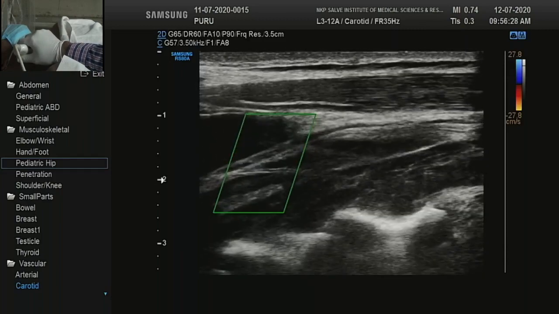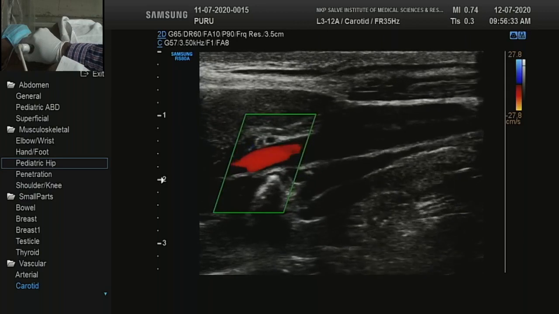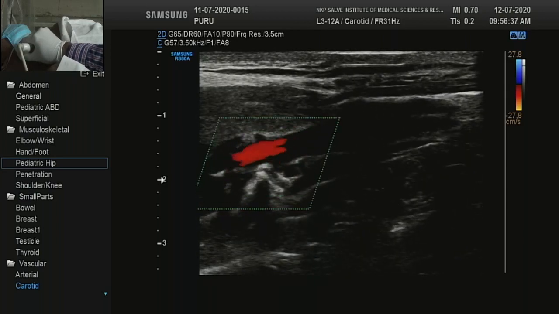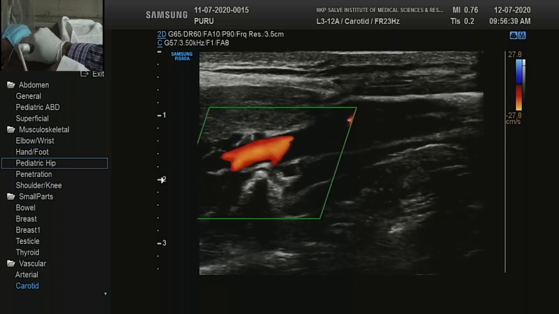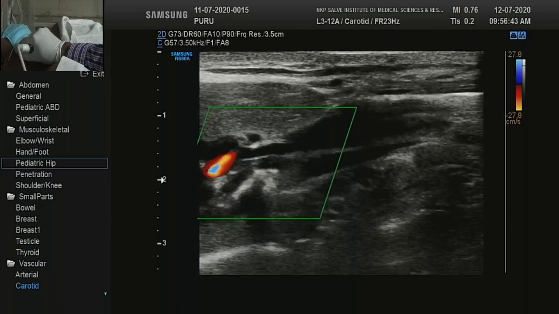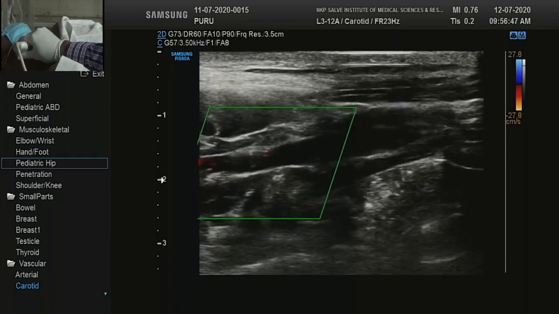Now in the same plane we will change the probe a little bit medial so that we see the external carotid. Here we can expand our color box, we'll increase 2D a little bit so that you can see the caliber as well as branches of the external carotid.